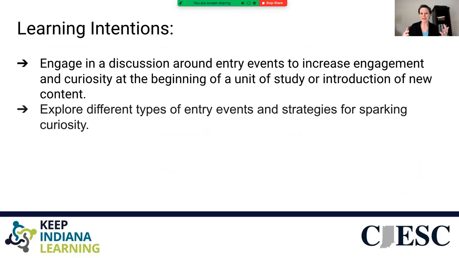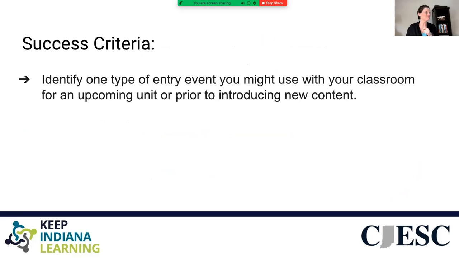When you're thinking about flipping your unit and adding this curiosity builder in, sometimes you need to be curious about the content too. And then we'll talk about a few of those strategies and those entry events and the types so that you've got something to get started with.